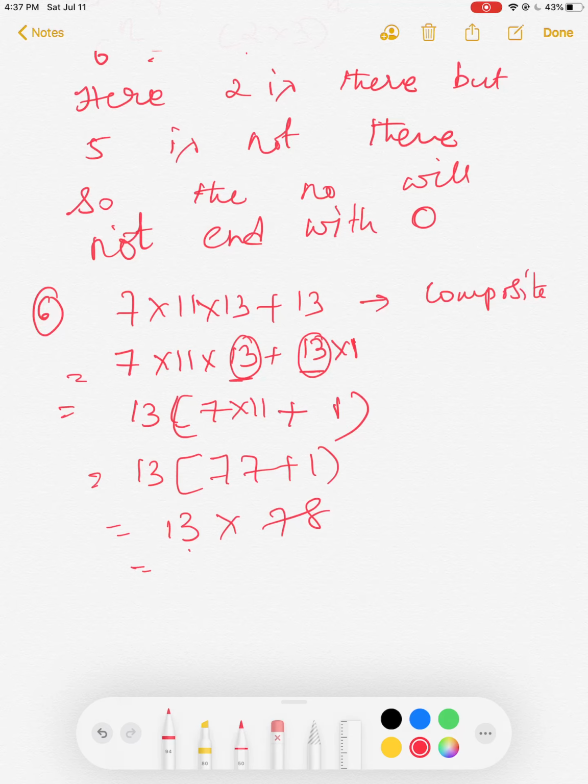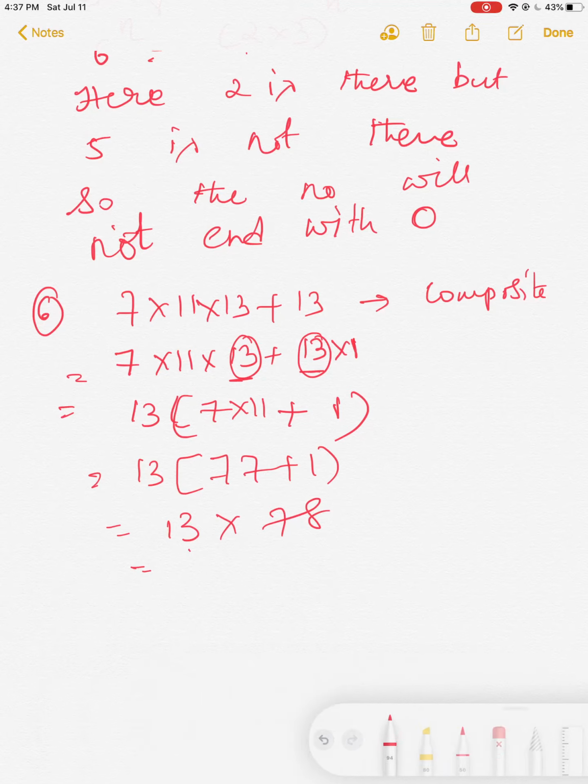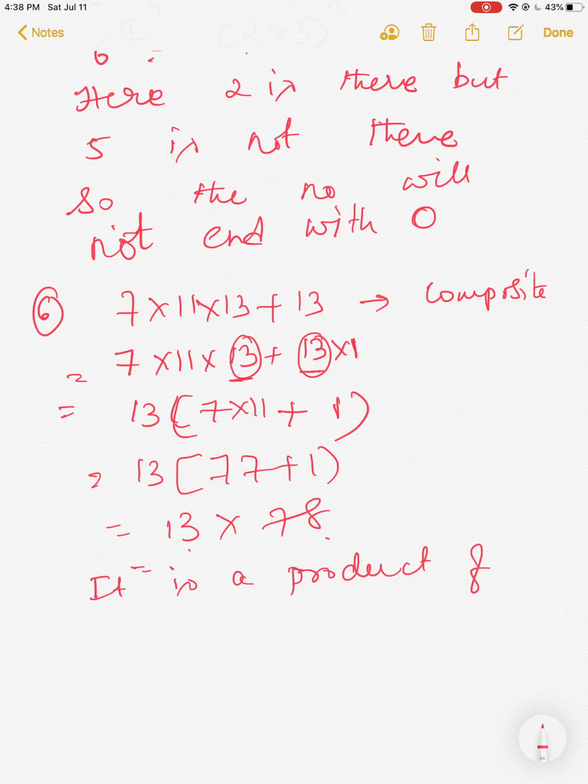13 is a prime number, and 78 is already a composite number. So this number is a product of a prime number and a composite number.